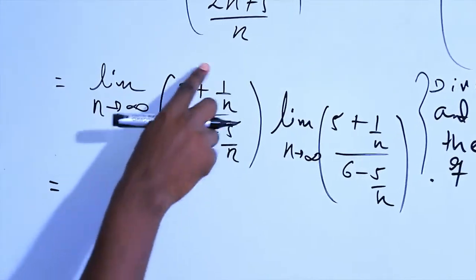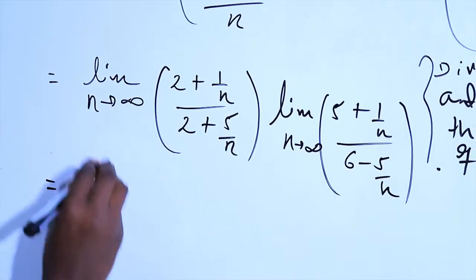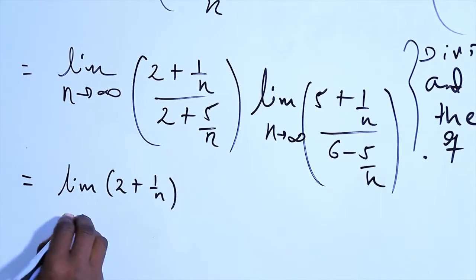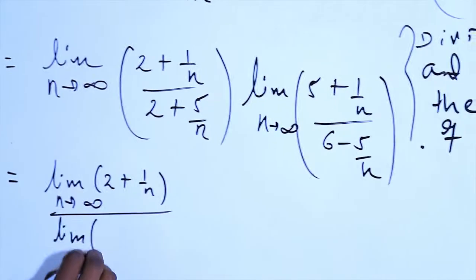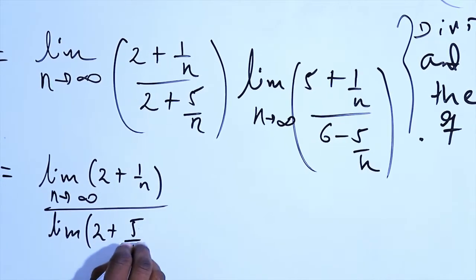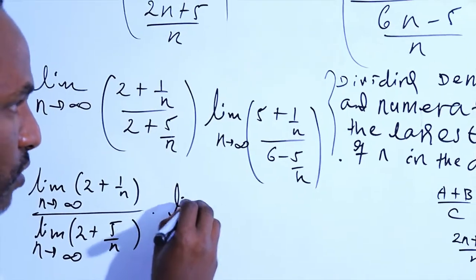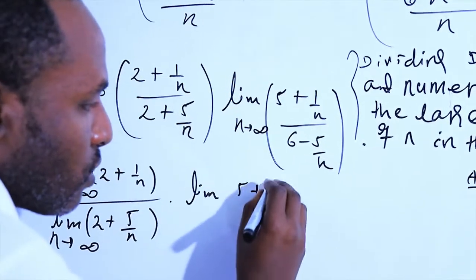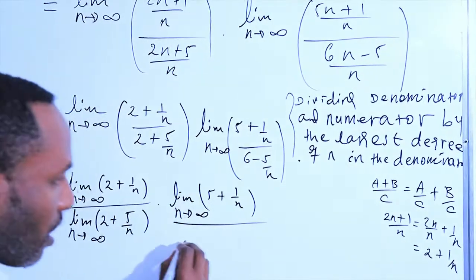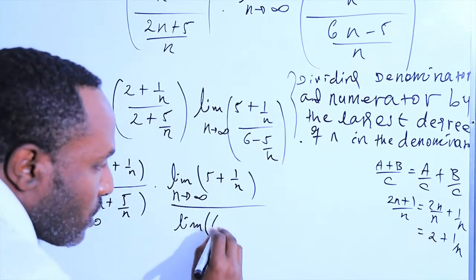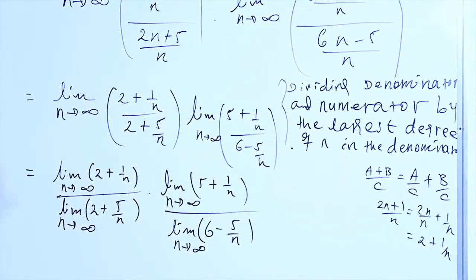The limit of the sequence (2 plus 1 over n) over (2 plus 5 over n) means the limit of the sequence 2 plus 1 over n, when n approaches infinity, over the limit of the sequence 2 plus 5 over n, as n approaches infinity, times in the same fashion the limit of the sequence 5 plus 1 over n, over the limit of the sequence 6 minus 5 over n, when the value of n approaches infinity. Why does this happen?